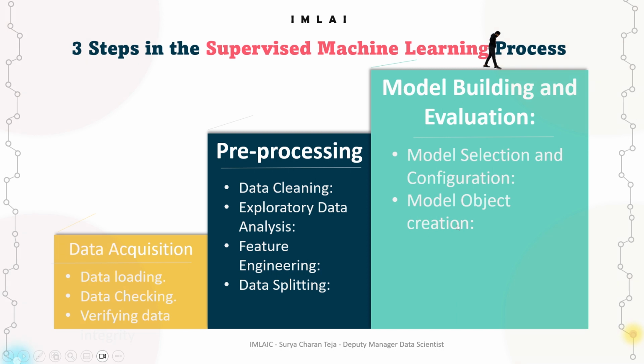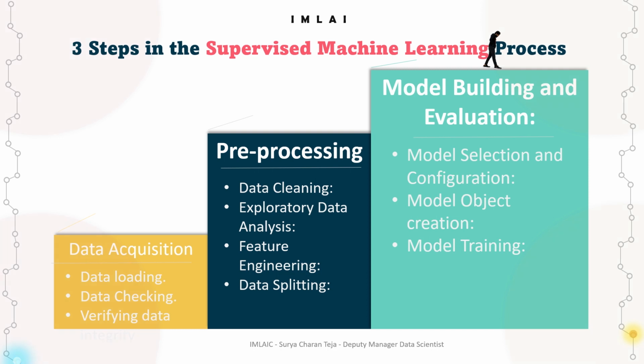At the end of the day, what we are doing is object oriented programming: we instantiate the class object of the linear regression class, and apply the methods of that object to proceed further.